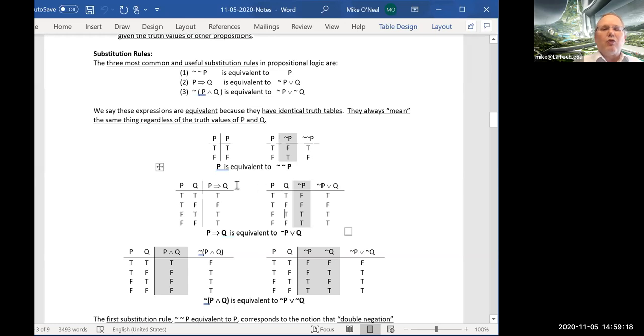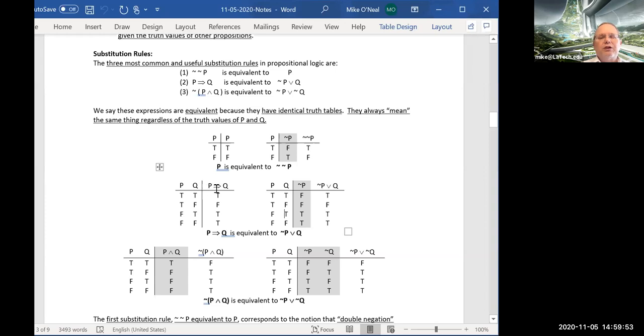Okay? So P implies Q absolutely is equal in the game of logic to not P or Q. Do you see that first? Okay, that by the definition of how not works and the definition of how or works, that not P or Q matches the definition of P implies Q. And that's actually really important because I said that P implies Q is a derived operator.